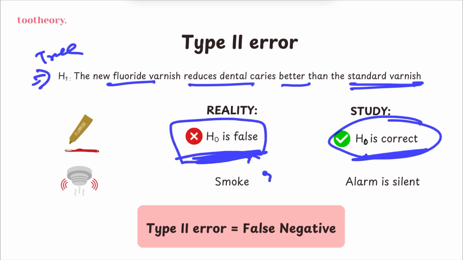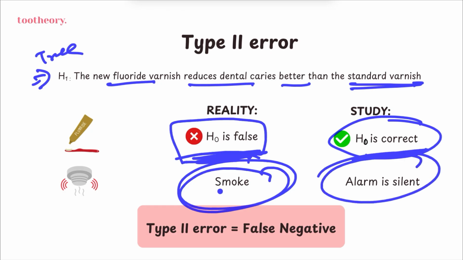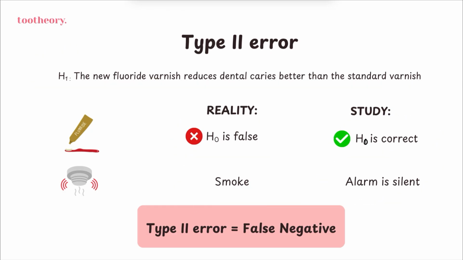Basically, it means that your smoke alarm does not ring even when there is smoke in the house, right? The alarm is silent even when there is smoke in the house. So we actually miss a treatment that works.